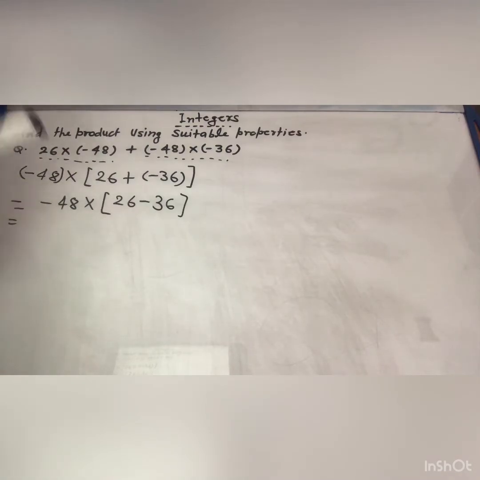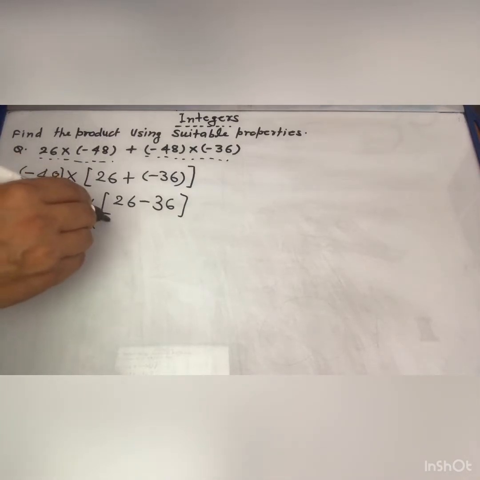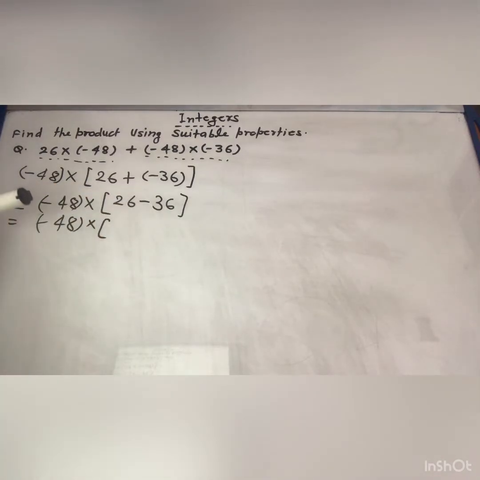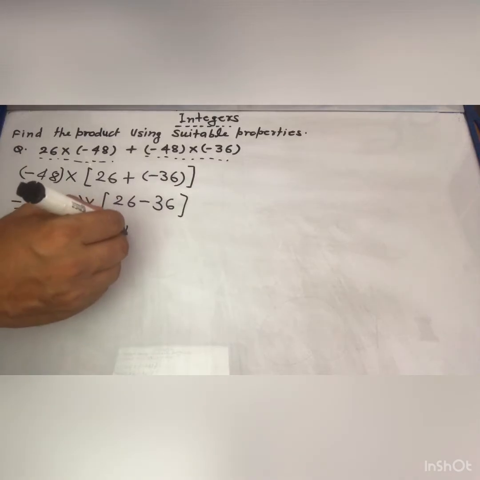If the signs are negative and positive in the case of addition and subtraction, then you will always subtract the numbers from each other. So minus 48 you will write the same, and you subtract these two numbers from each other. So 36 minus 26, what do you get? 10 only.